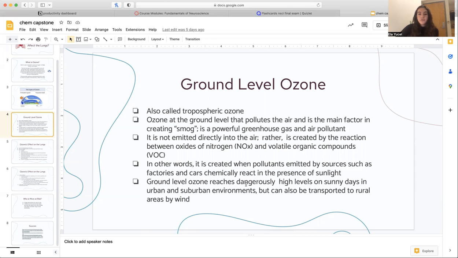Ground level ozone reaches dangerously high levels on sunny days in urban and suburban environments, especially where there are generally more people and more buildings. But it's able to be transported by wind, so essentially it affects everywhere. But it's especially dangerous in urban and suburban environments.